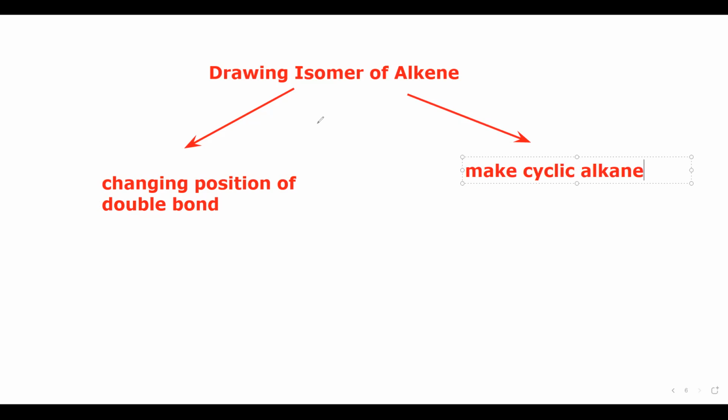For example, if I say draw two isomers, or three isomers, of C4H8, how do we draw C4H8? We can draw by changing the position of the double bond. C4 means 4 carbon atoms, so 1, 2, 3, 4. Between the first two there is a double bond and the rest are single bonds.